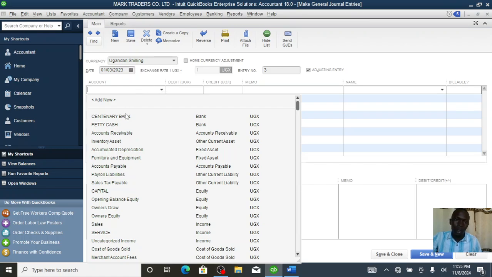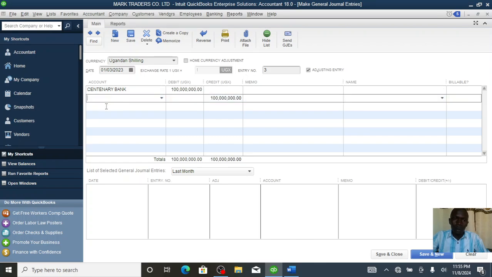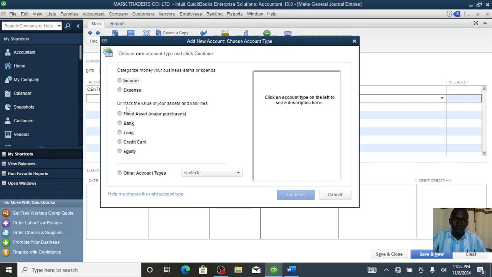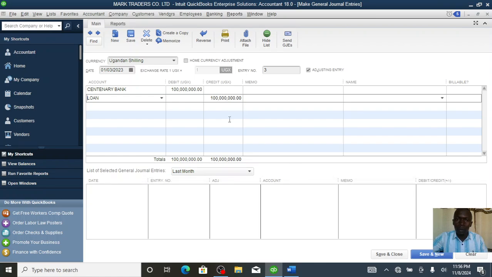We debit the bank with 100 million. Then we credit bank loan, but we don't have the loan, so we add new. It is under loan. Account name is loan. Then we save and close. Then we save and close here.